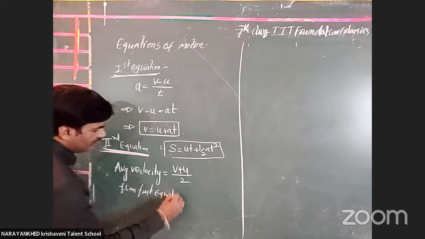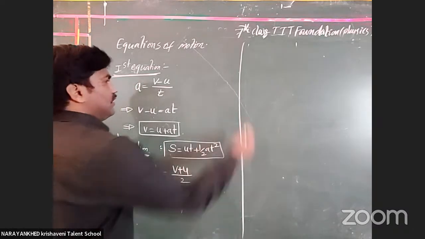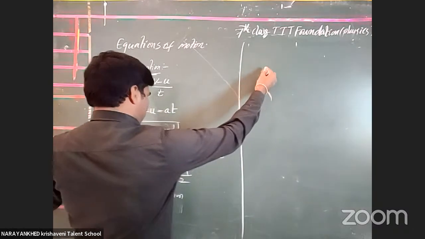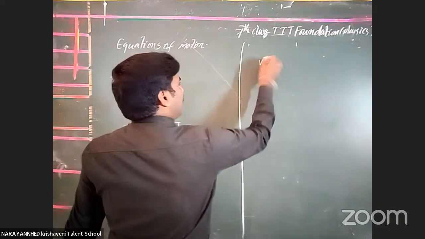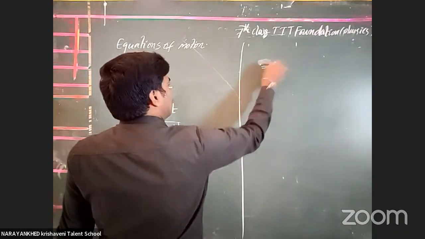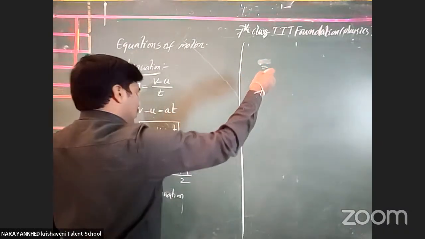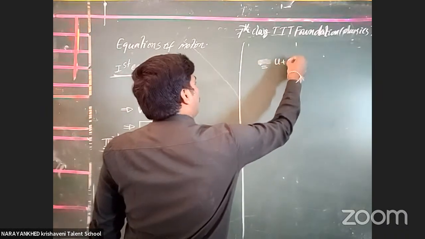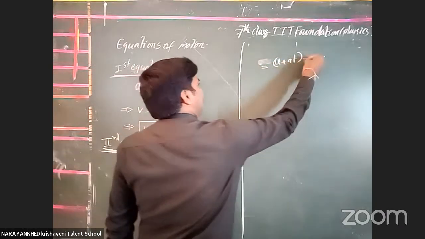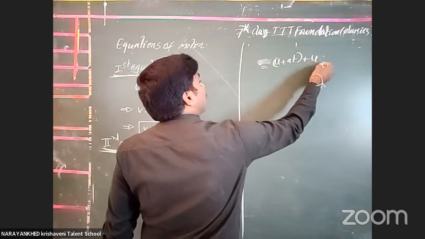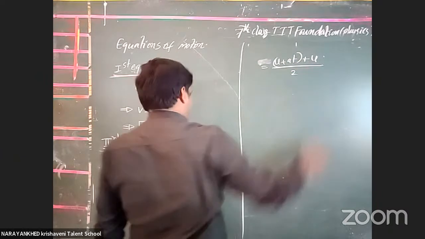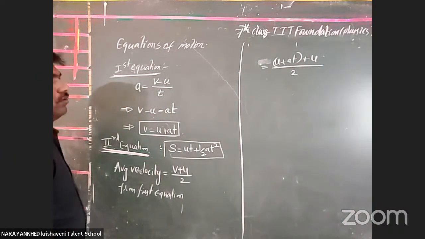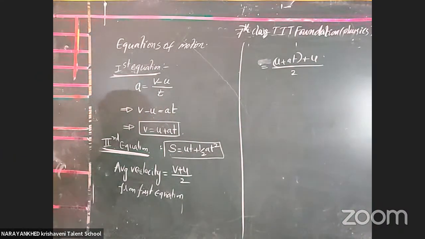From the first equation, we have v plus u by 2. The average velocity is also written as u plus at plus u by 2.